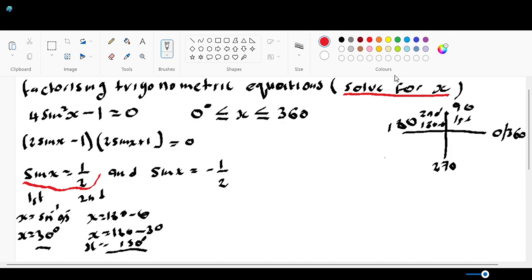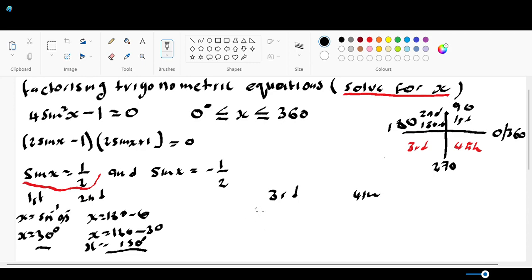Let me just use a red pen this time, a red color. Here, third quadrant and the fourth quadrant. On this quadrant here, sine is negative. So let me just do it some way here so that we don't get confused. So we know that on the third quadrant and the fourth quadrant sine is negative.